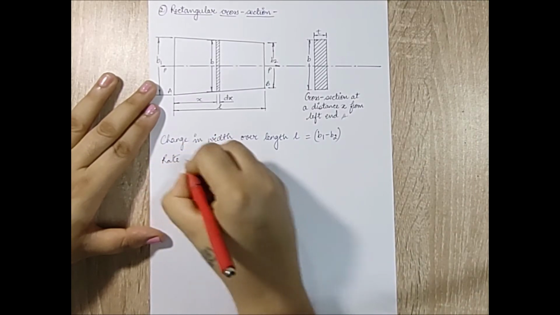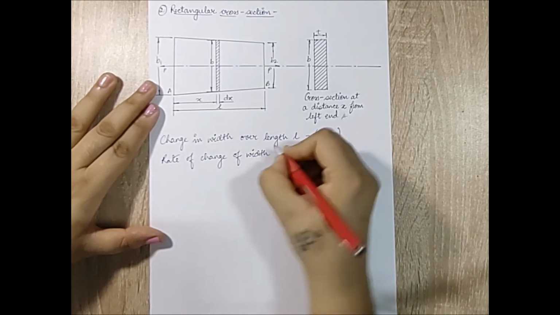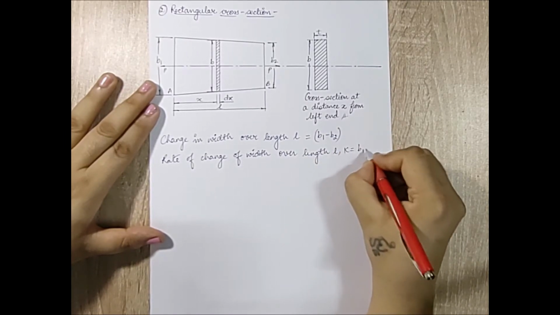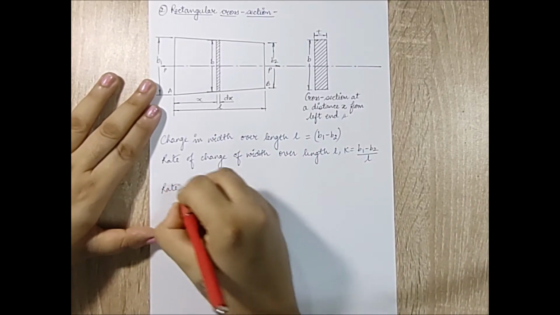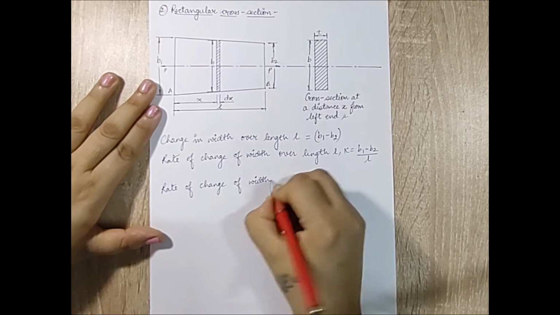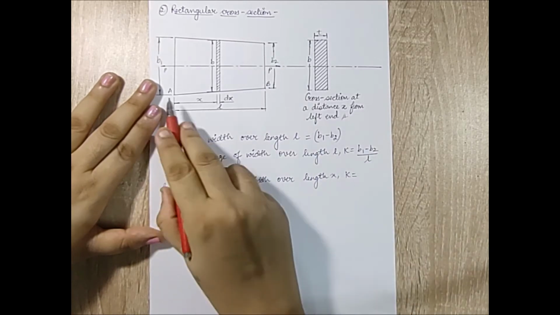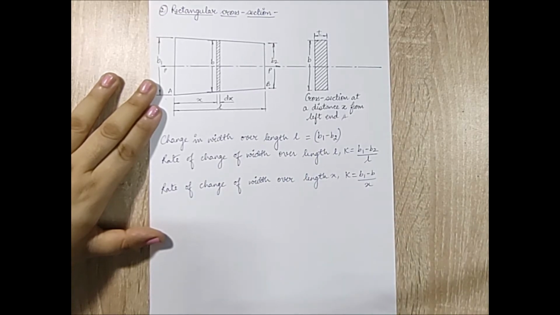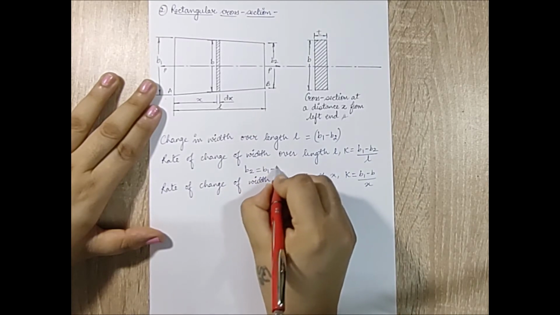I will talk about rate of change of width over length L. Say I call it as K, it will be B1 minus B2 by L. Next I will talk about rate of change of width over length X. K will be B1 minus B upon X. Here if I want, I can rearrange this and I can write B2 will be B1 minus KL.